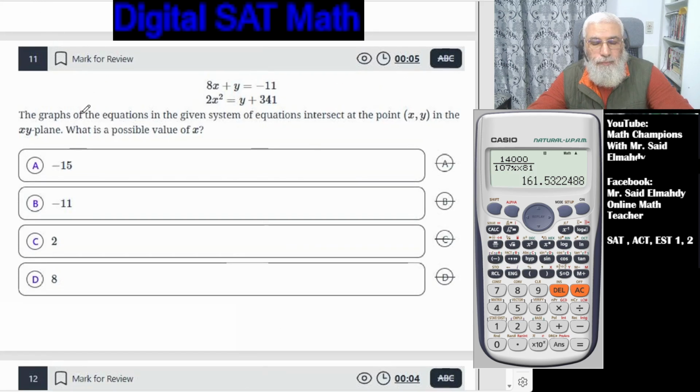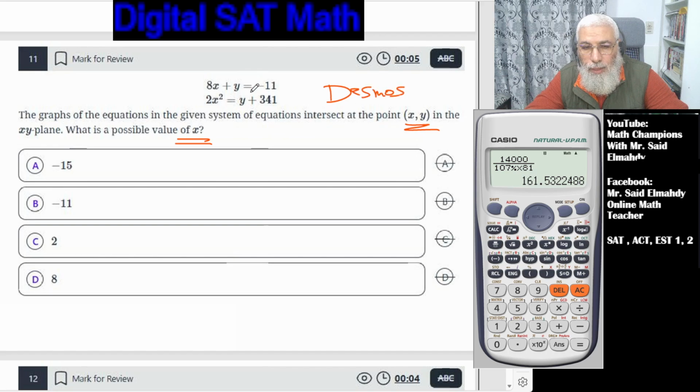Question number 11. The graphs of the equations in the given system of equations intersect at point (x, y) in the xy plane. What is a possible value of x? We can solve this using Desmos, and we can solve this without Desmos. We can isolate y here. 8x plus y equals negative 11, so y equals negative 8x minus 11.